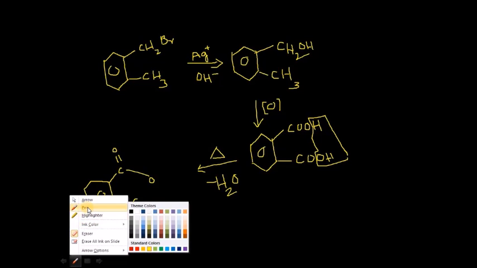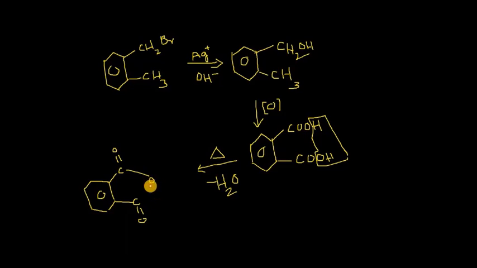So this carbon is directly connected with this. What is this compound? This is the resultant. How many carbons are in this? We have 1, 2, and overall 6 carbons there. So total 8 carbons are there.